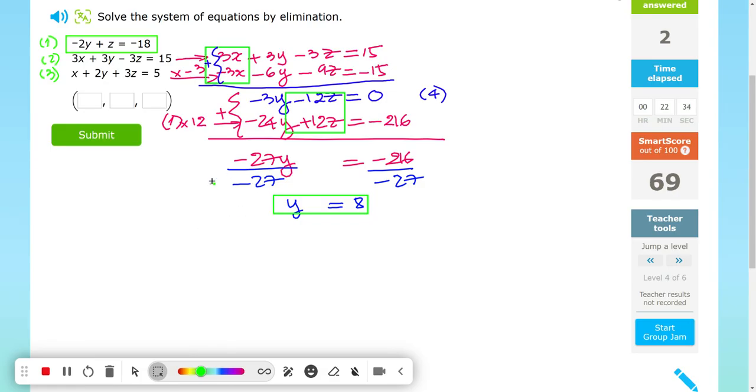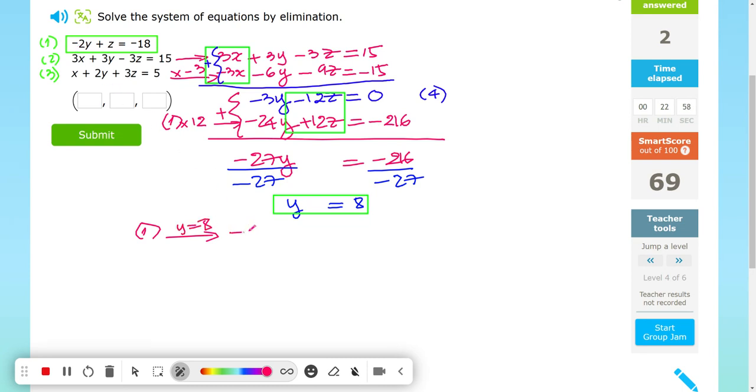The next one: if you have y, you should find z, because equation number 1 or equation number 4 only have y and z. So I go to equation number 1 to substitute y equals 8.